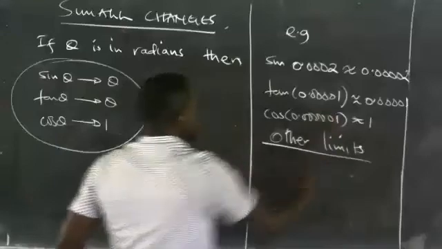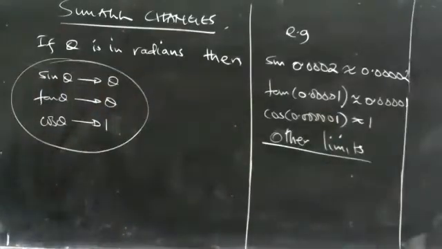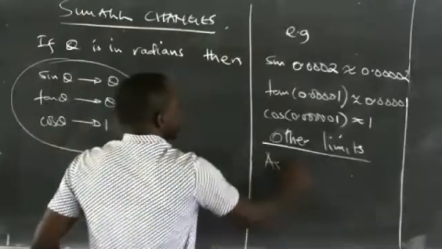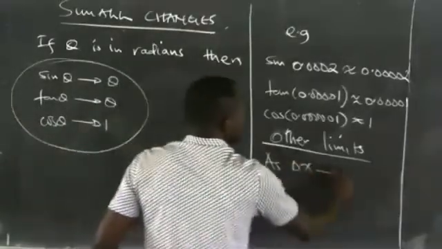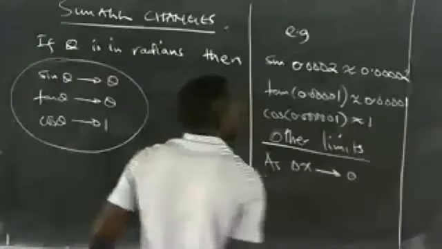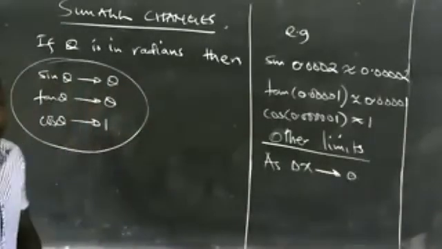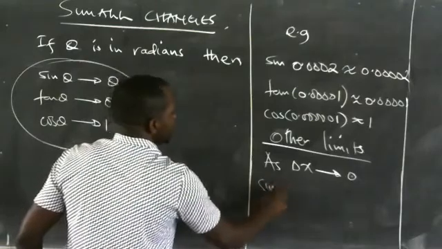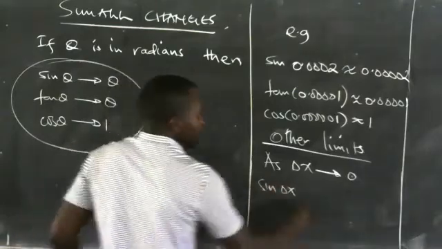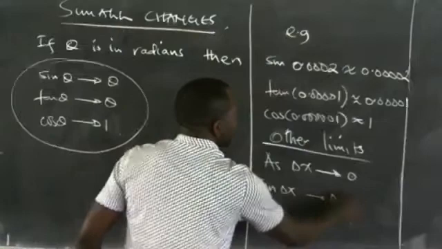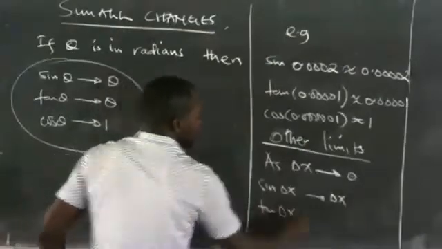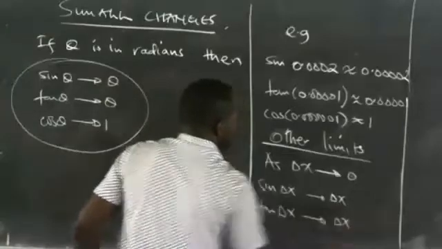Other limits. Just as change in x tends to 0, what happens here again? The sine of this angle, change in x, you get the same angle. The tangent, you get the same angle.